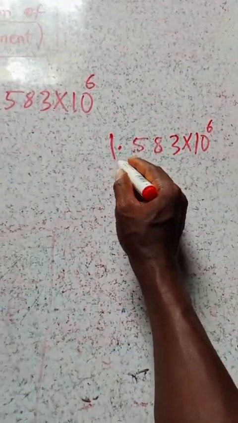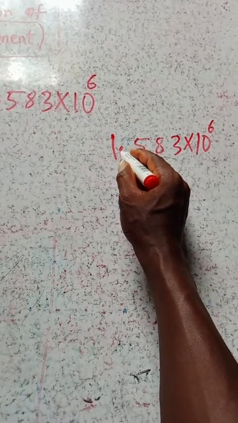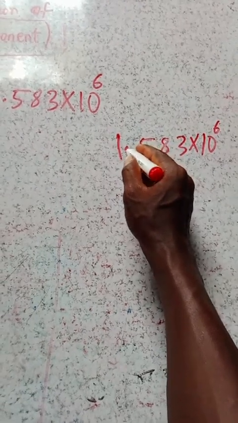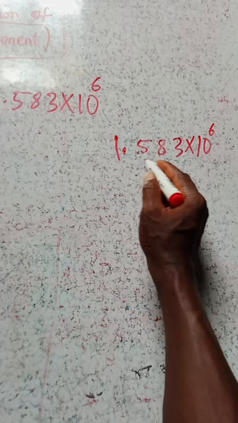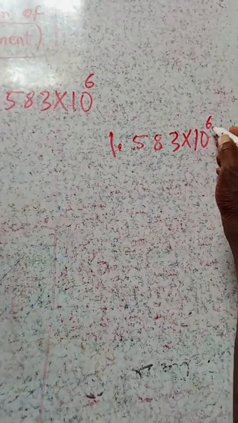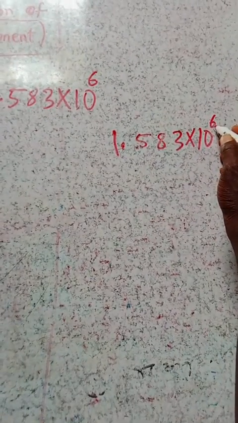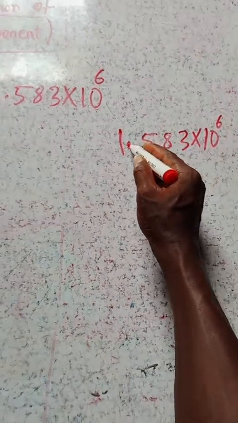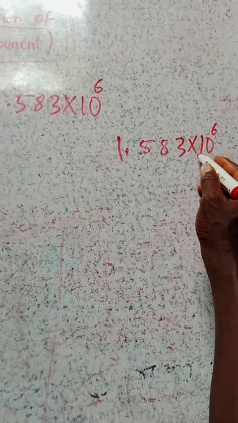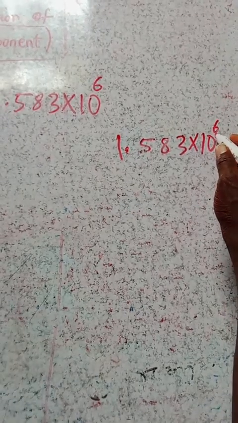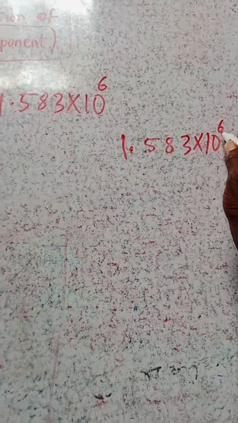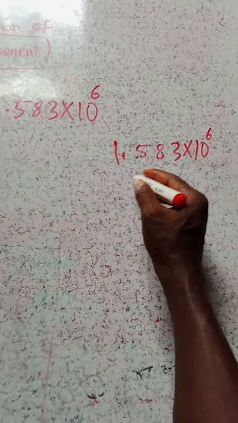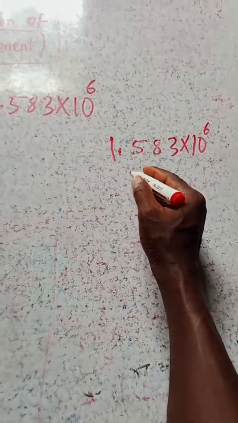If you look at it, there's a decimal point here, and it is this decimal point that will determine the increase in the power or the exponent. It will also determine the reduction of the power. Now, we want to reduce the power, so look at what we'll do.